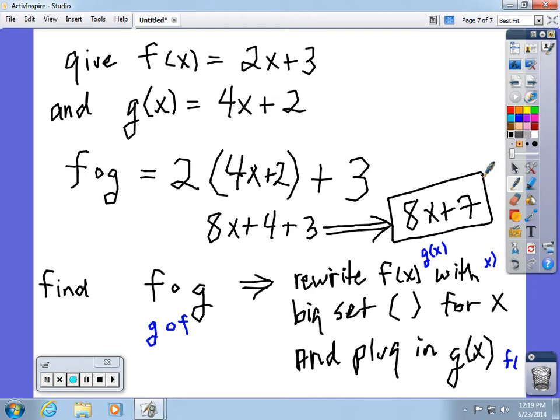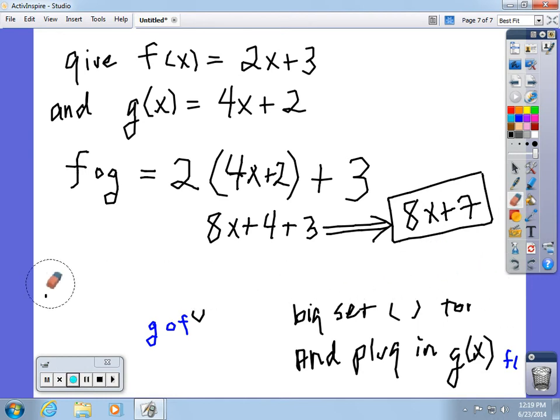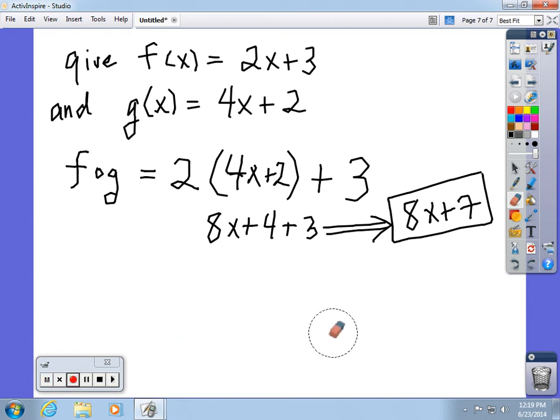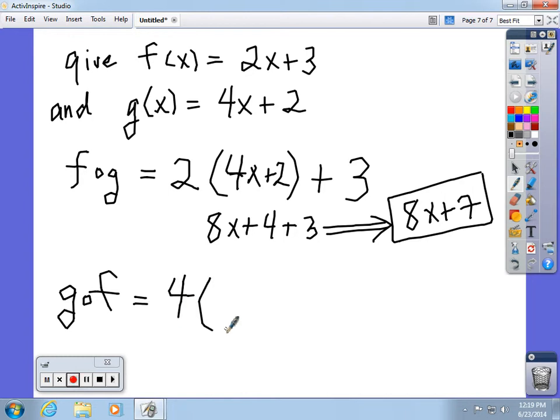Now do g composed of f. Now, how hard is that? It's not hard at all. g composed of f, golf. All right, g is 4 parentheses plus what? 2.